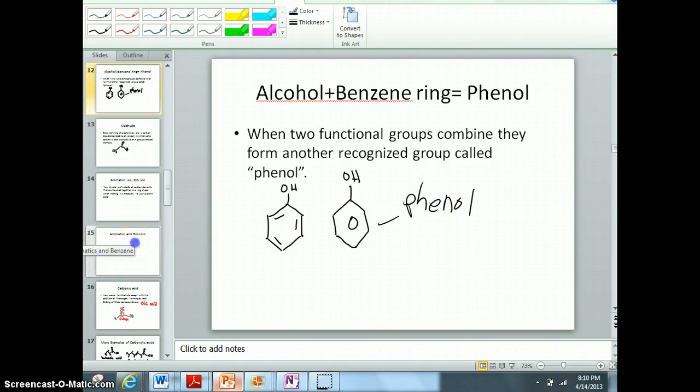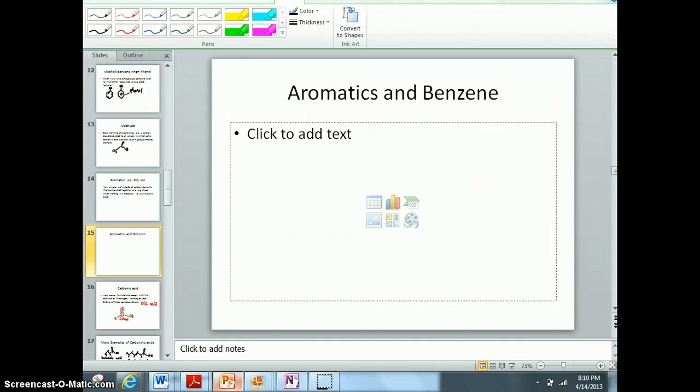Alright, let's look at some more examples. Aromatics and benzene. So what happens if we have something like my OH here and a bromine, and we'll just go like that.